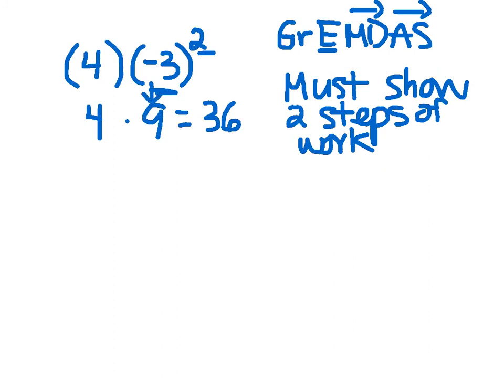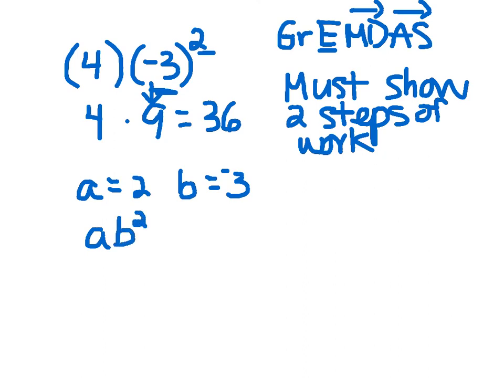So there are some that are like that. There are others where it might say A is 2, B is 3. I don't know. And let's just leave it like that. And it might say, no, let's make B negative 3. A times B squared. Okay? So remember, you have to show replacement.